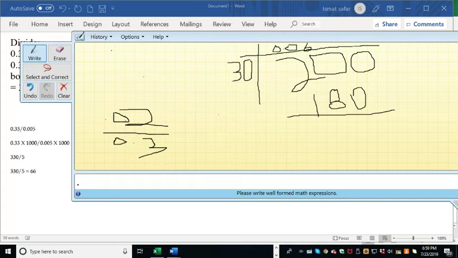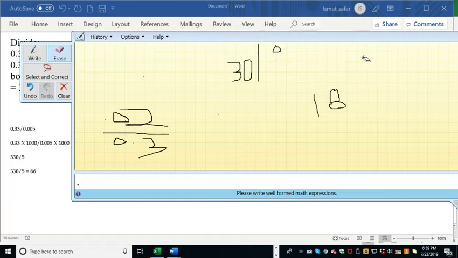So how do we solve this? 0.02 divided by 0.3.